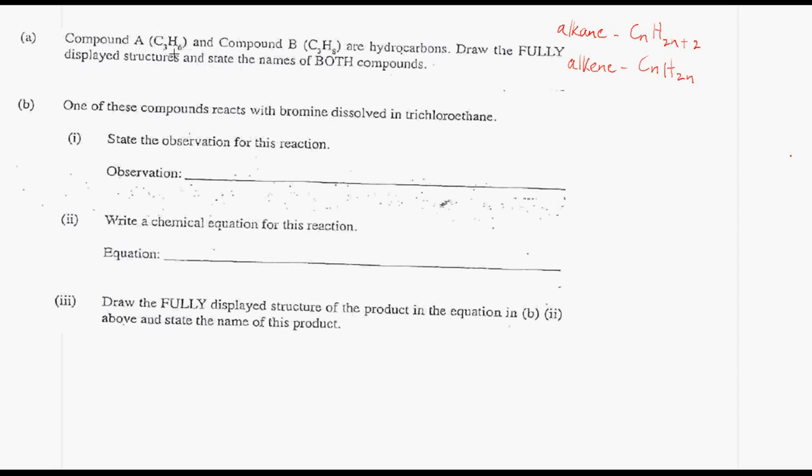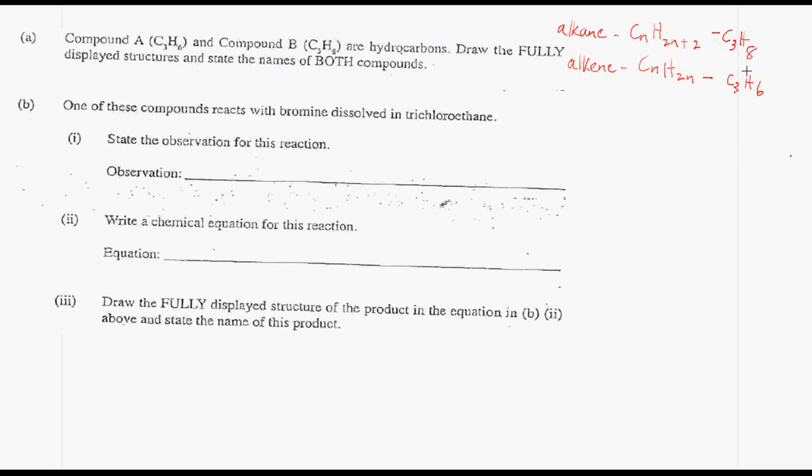Therefore, if we have 3 carbon atoms, the formula for that alkane will be C3H, 3 2s are 6 and 2 is 8, so it'll be C3H8, and if it's an alkene, it'll be C3H6.